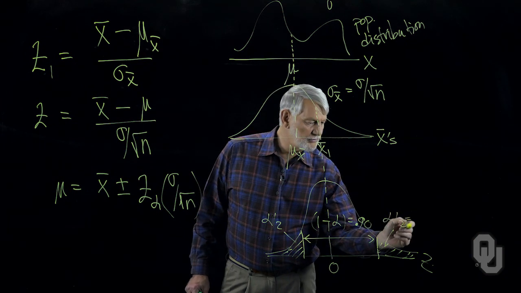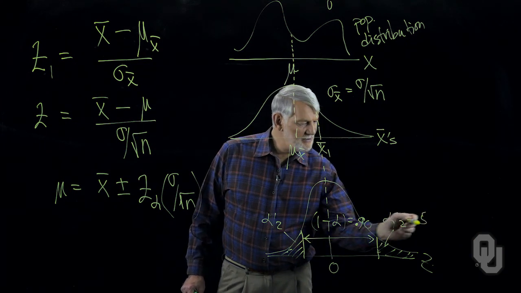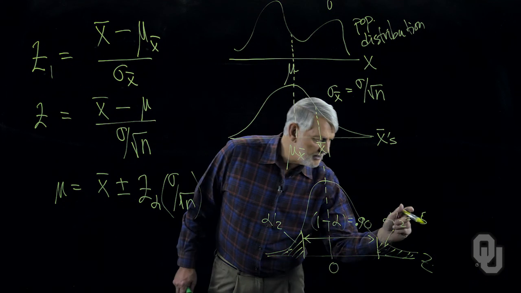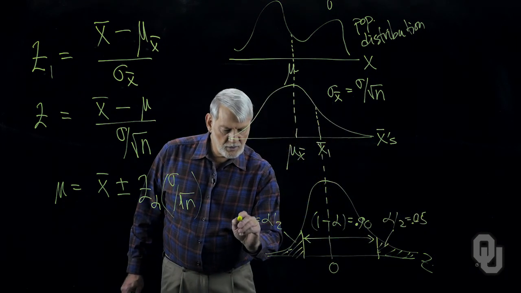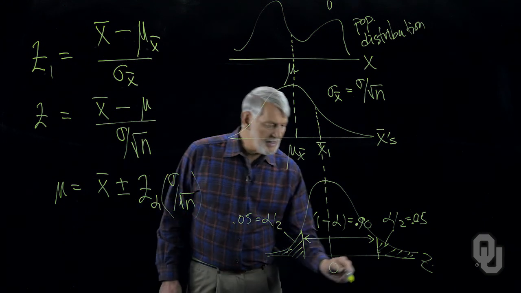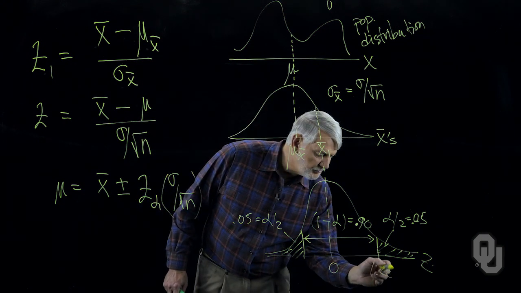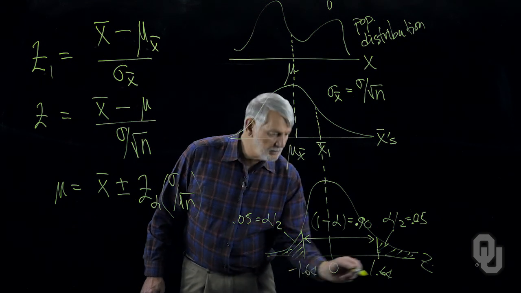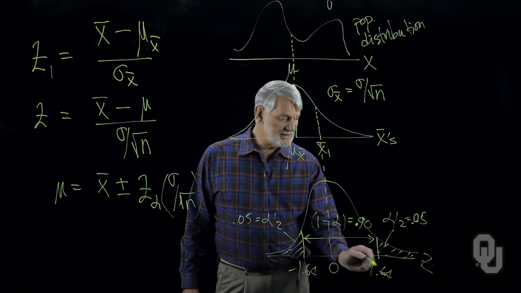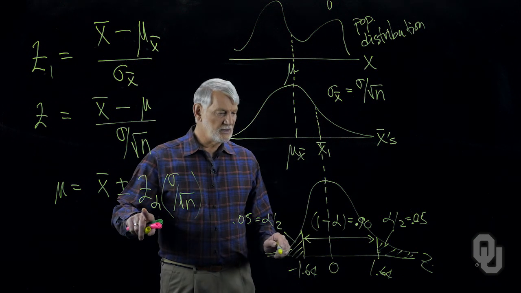Therefore, half of it's over here, 0.05, and we got another 0.05 over here. And this number here is 1.64. This is minus 1.64 here. We look these up in our T table, or our Z tables. Okay? We put that in here.